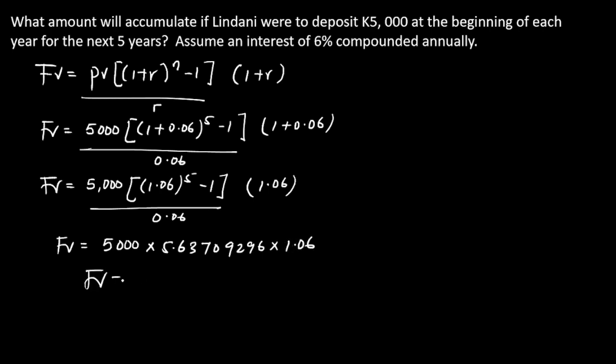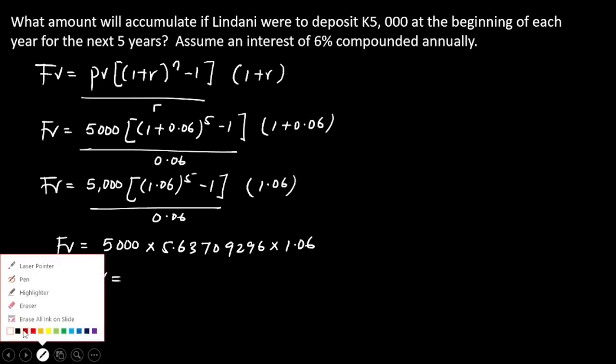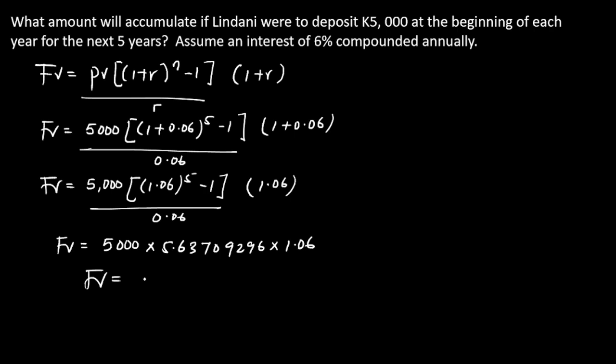So our future value of annuity will be equal to 29,876.59. Meaning, this is if you are depositing your money at the beginning of each year.